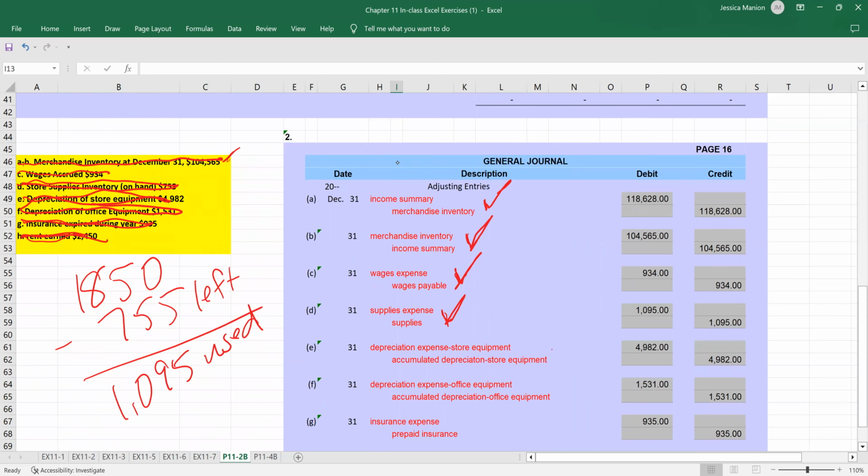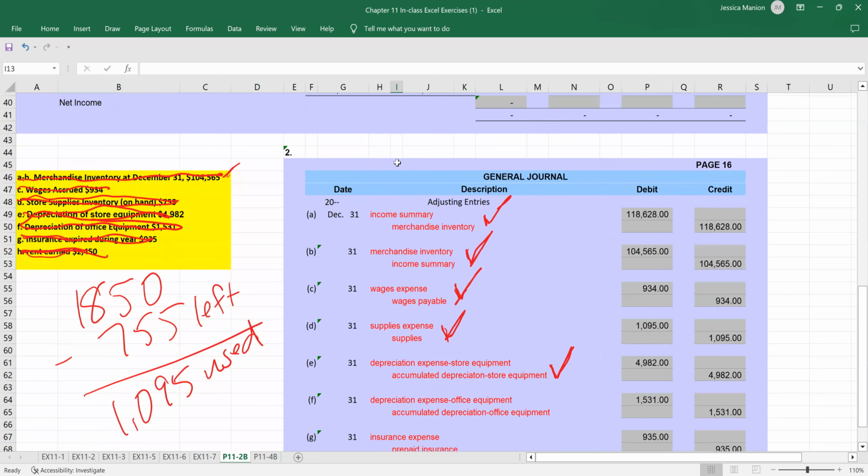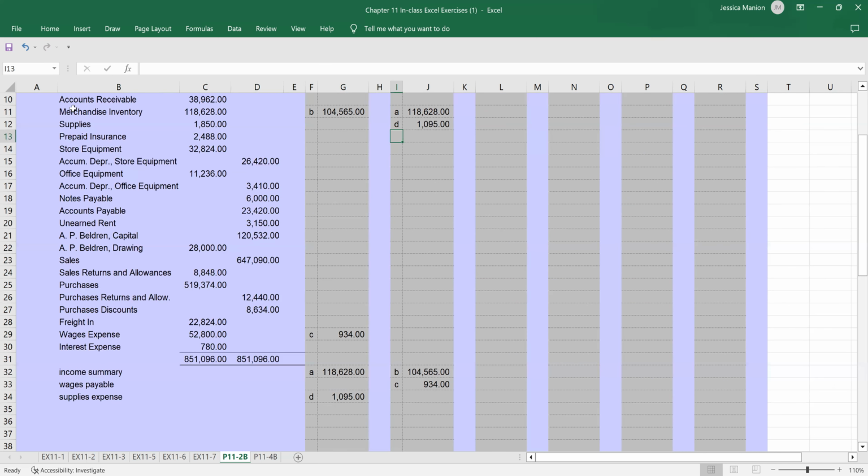Now we've got our depreciation entries. So depreciation expense on the store equipment, 4,982. Okay, if we look here at our expenses, again, we do not have depreciation expense. So we just need to type it in.